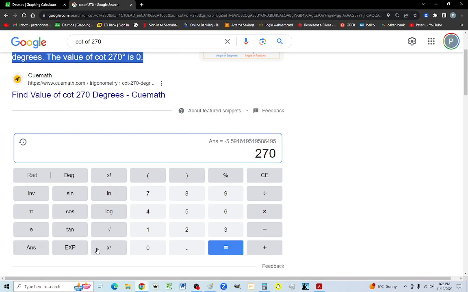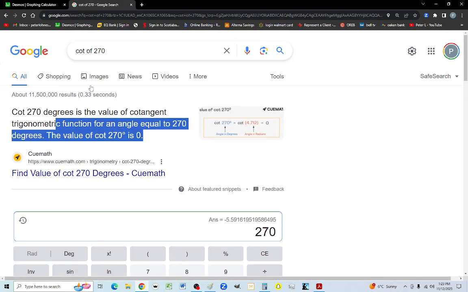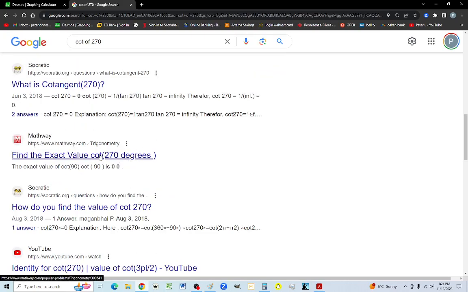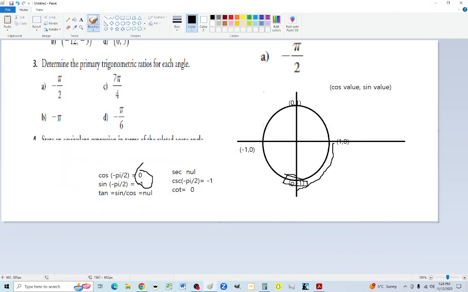I'm almost certain that's correct. I don't know why the calculator is giving it null. You can look that up if you want. So odd, very odd. Never really noticed that before.